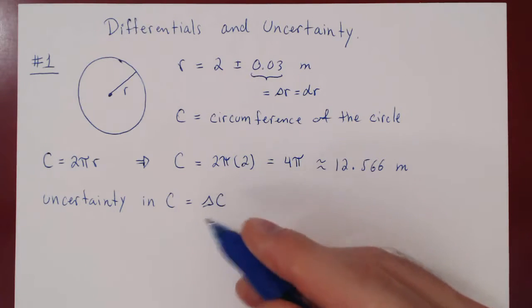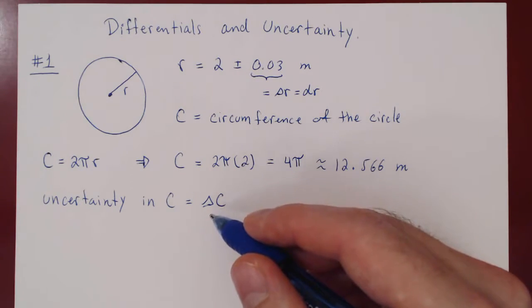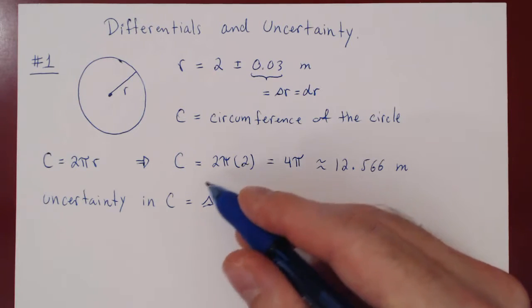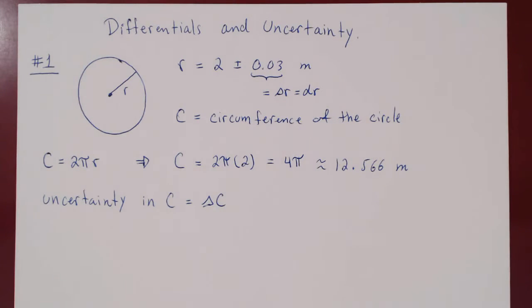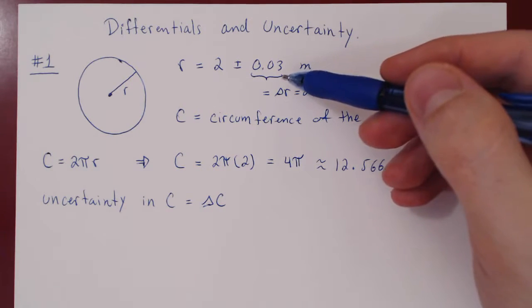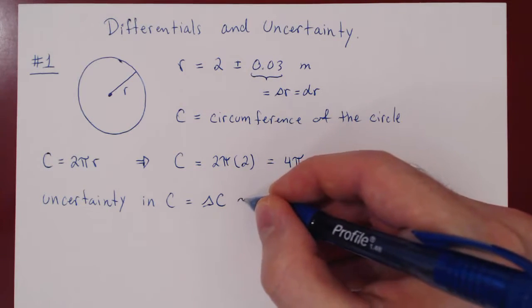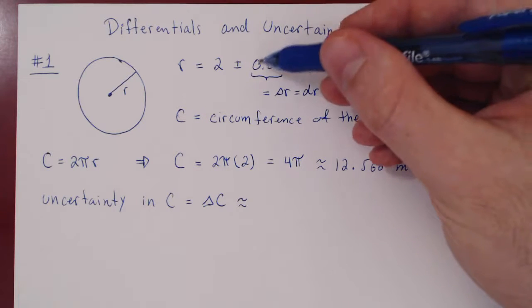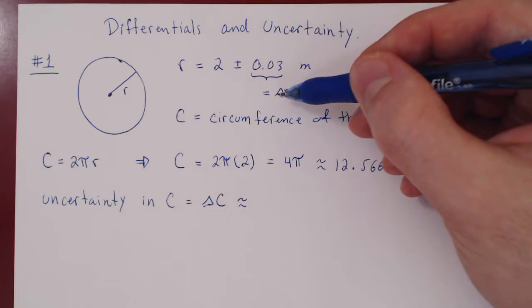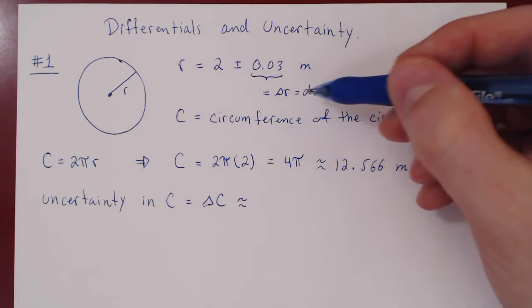And instead of finding this exactly, we'll approximate it with the differential. This makes sense because it doesn't make sense here to talk about exact uncertainty, because an uncertainty is not exact by definition, right?